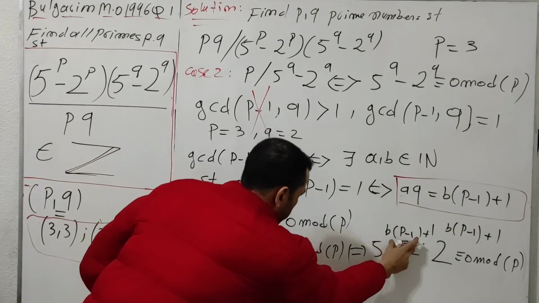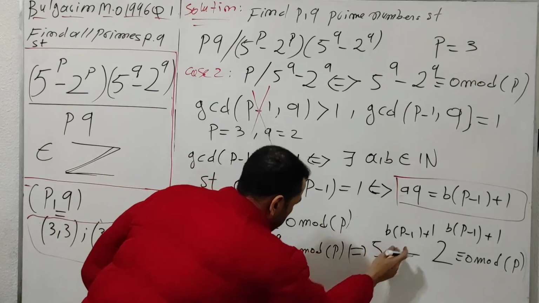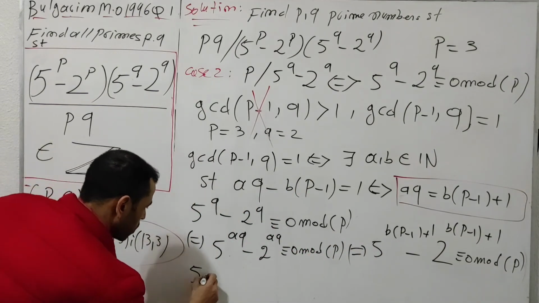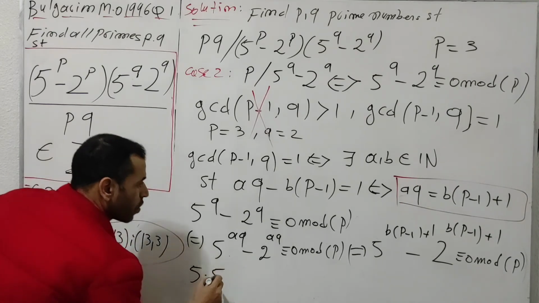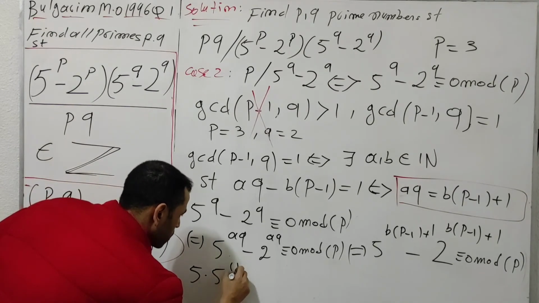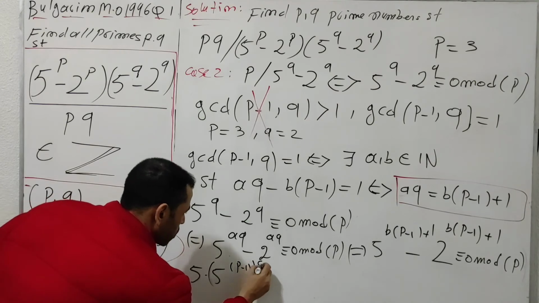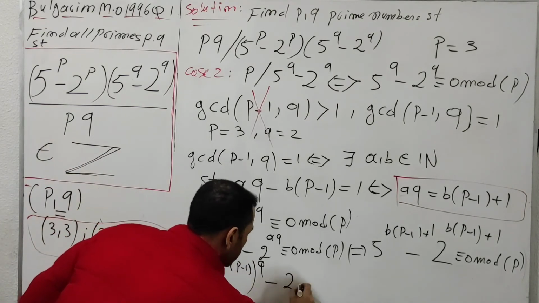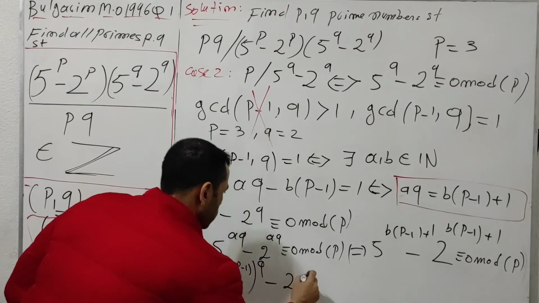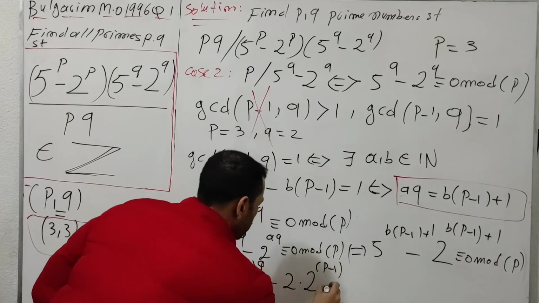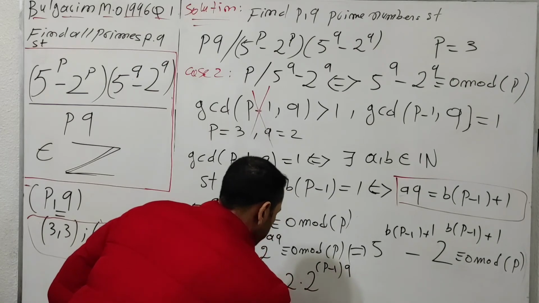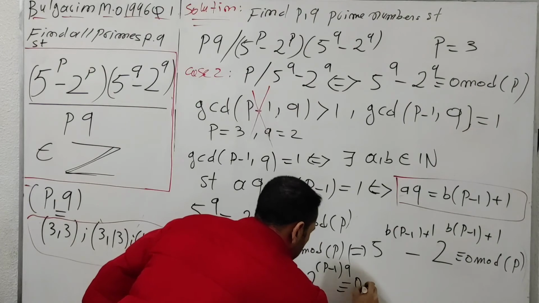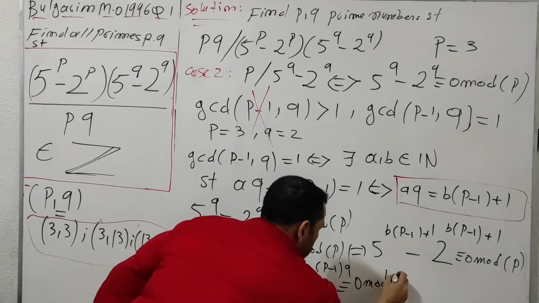Now I'm going to simplify this exponent. I will have 5 multiplied by 5 to the (p minus 1) to the b, following the exponent rule, minus 2 multiplied by 2 to the (p minus 1) to the b, congruent to 0 mod p.